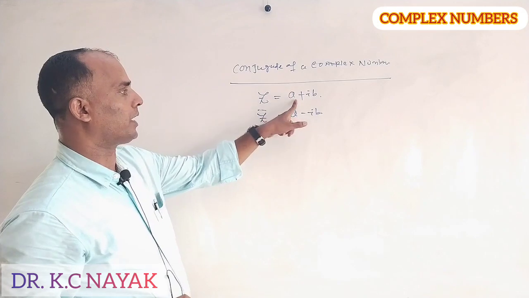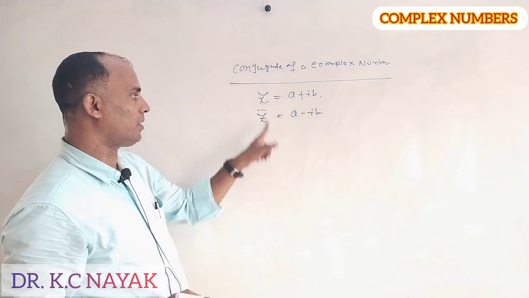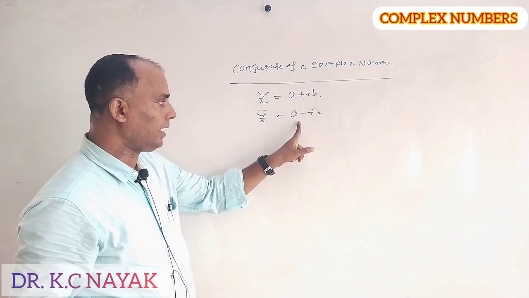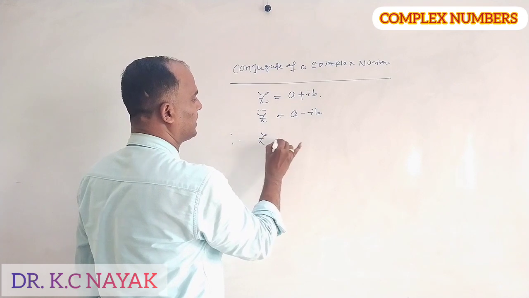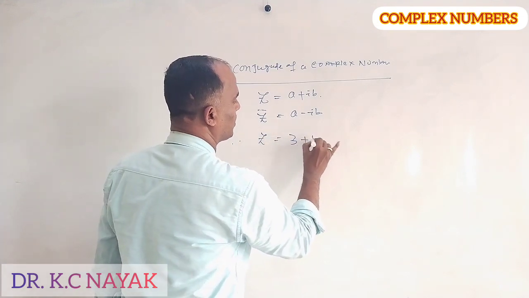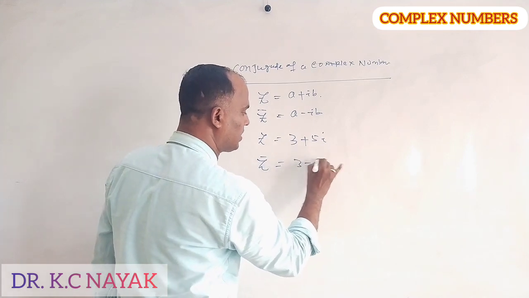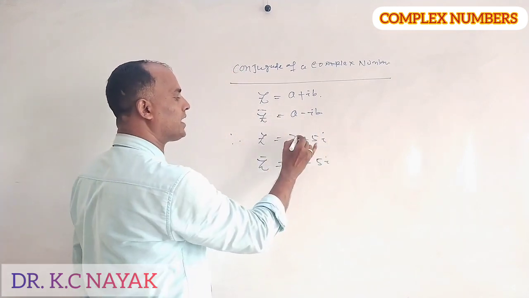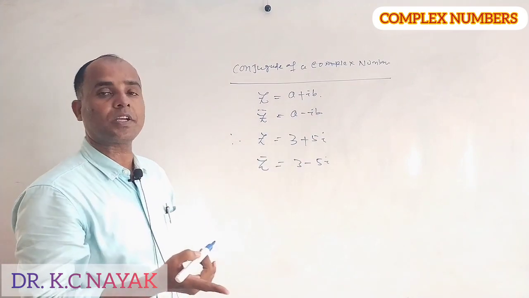If Z is equal to a plus ib, then Z bar, which represents the conjugate of the complex number, is a minus ib. For example, suppose Z is equal to 3 plus 5i, the conjugate of Z is equal to 3 minus 5i. There is no change in the real part, only the imaginary part changes.